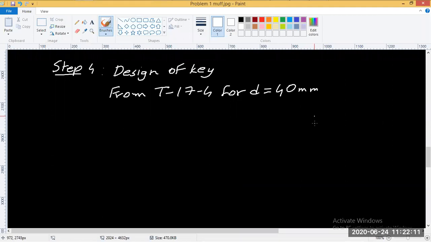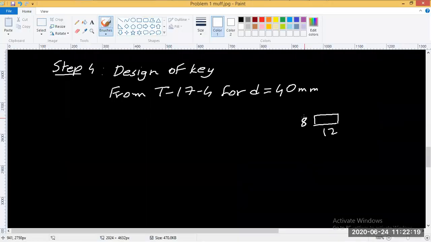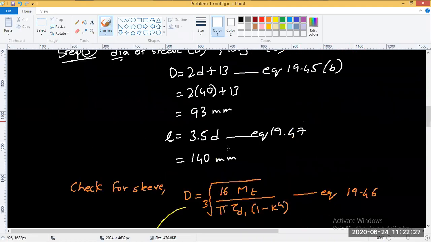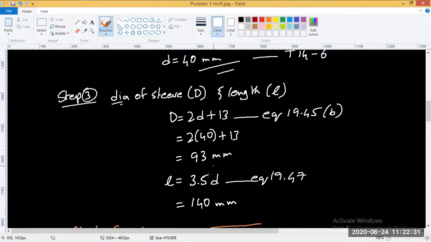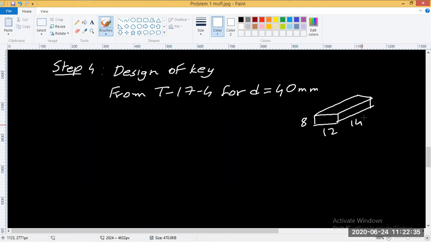So we are deciding the dimensions of key. Width is 12 mm, height is 8 mm. The length will be as usual, the length of the sleeve itself. The length of sleeve was 140 mm, so we'll take this also as 140 mm.